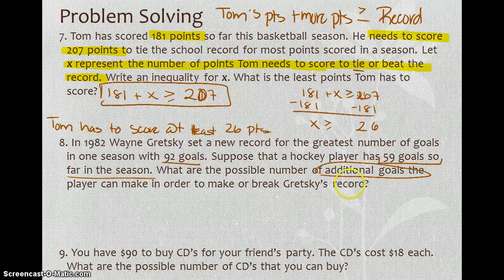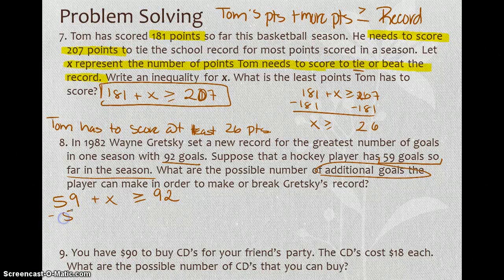The make or break kind of goes back to what we just did for Tom. It means it's going to be greater than or equal to Wayne Gretzky's record, which was 92 goals. So this particular player, instead of the 181 that Tom had, has 59 goals, and would have to add about x of them in order to do this. So what are the possible numbers?